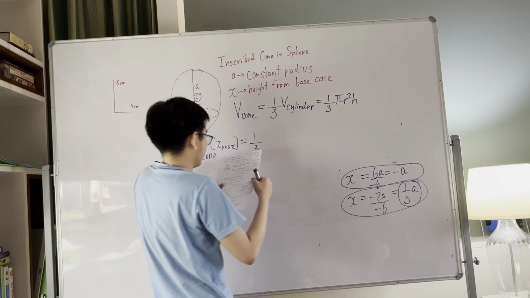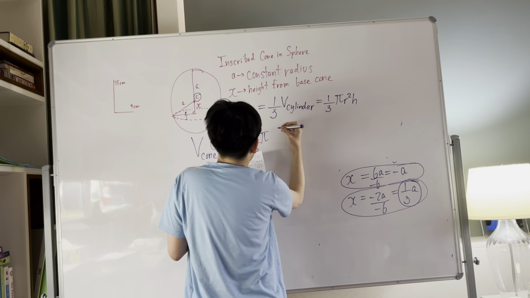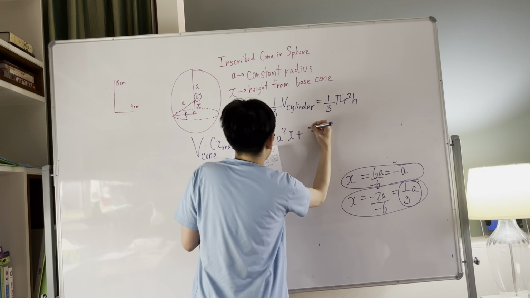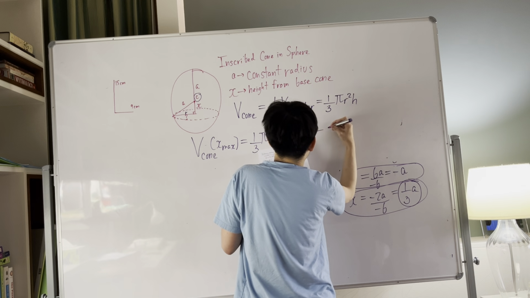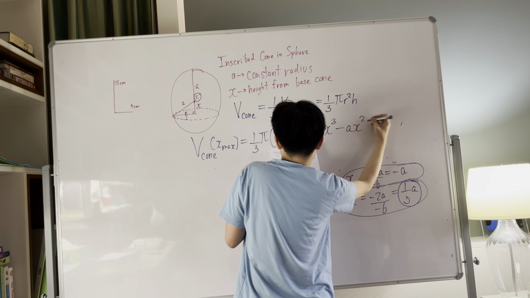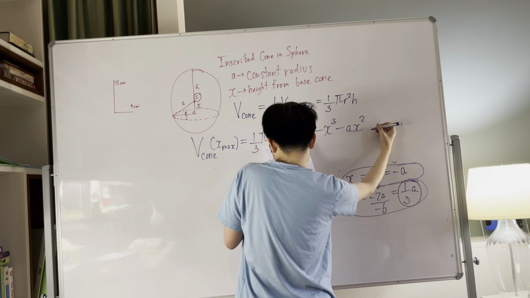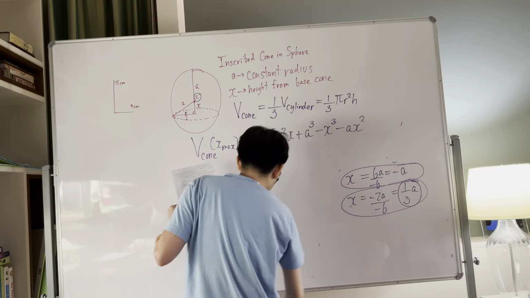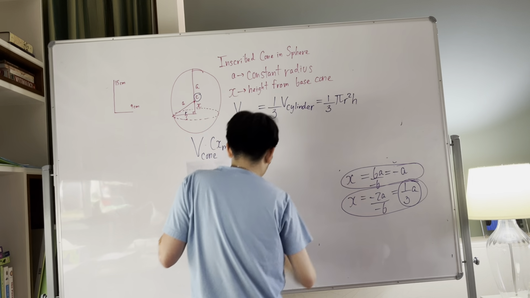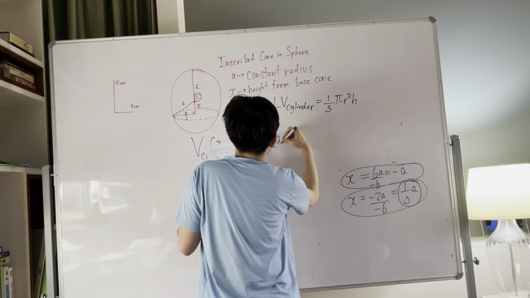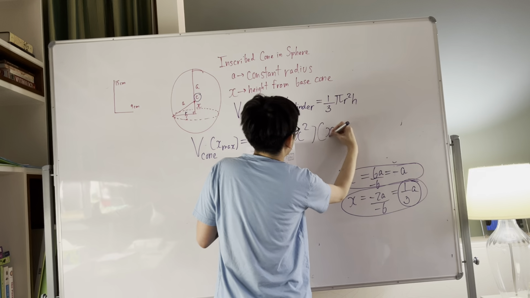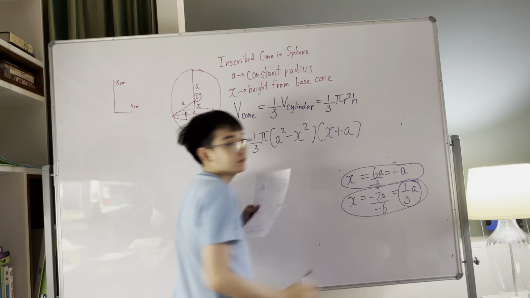We recall it's 1/3 pi a squared x plus a cubed minus x cubed minus ax squared. Correct? Oh wait, let's put it in the factored form: a squared minus x squared times x plus a, right?